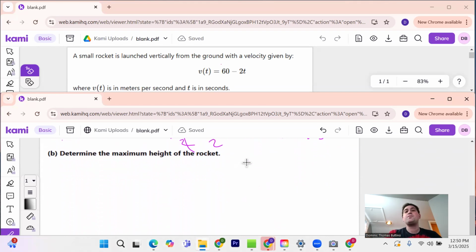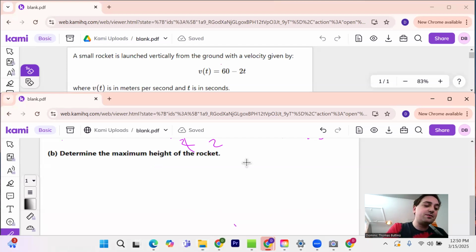We're going to integrate, and we're going to take an indefinite integral, which just means that if we're starting from the ground level, we want to find in general what the displacement of the rocket from the ground going up is.